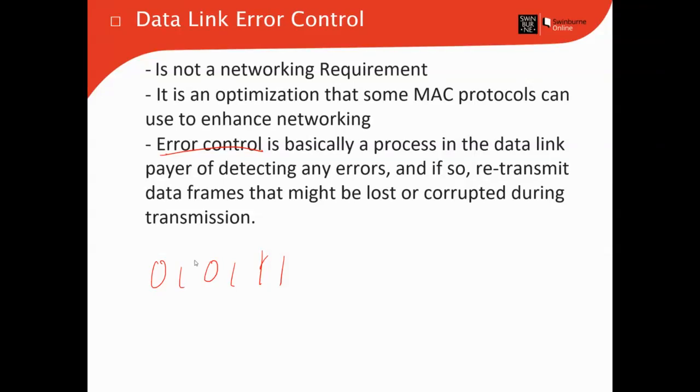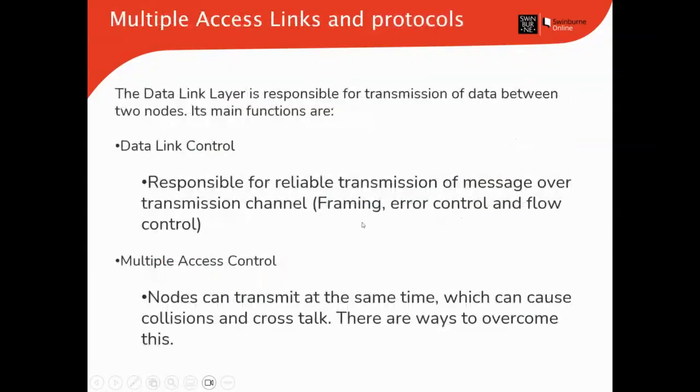It may have some error controls on that as well. They could be lost or corrupted. So the retransmission usually happens at the TCP level. The TCP level usually takes care of that.